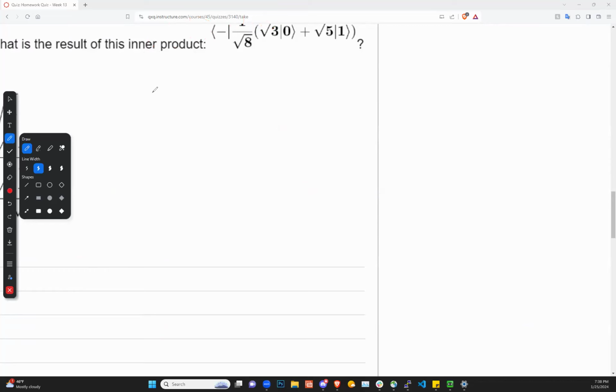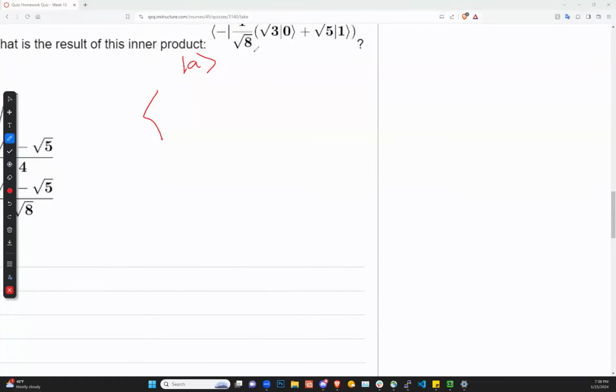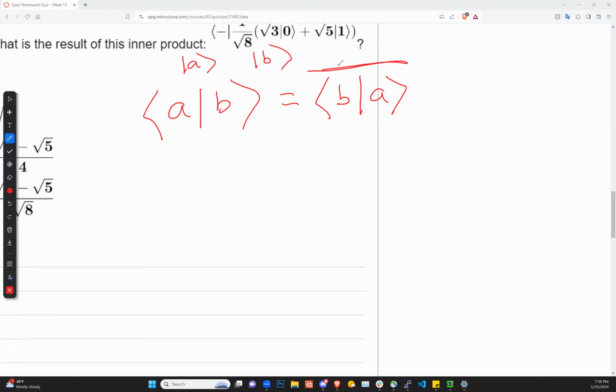If I have two quantum states, let's call them A and B, the inner product of state A with state B is equal to the inner product of state B with state A, but you have to do the complex conjugate. Don't worry about the complex conjugate because we are not working with complex numbers. So for now, you can just think that the inner product of A and B is equal to the inner product of B with A.